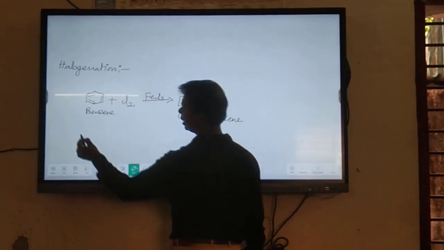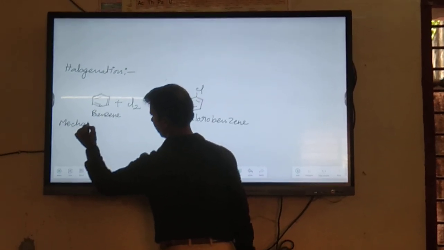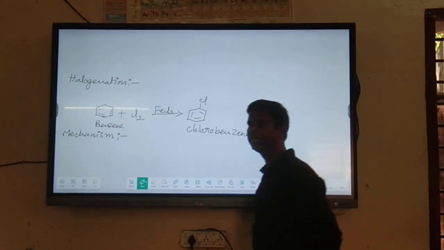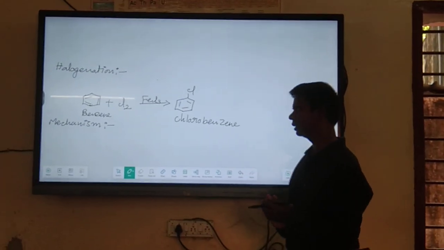Now the mechanism: how the halogenation reaction occurs on benzene, that we are going to discuss.